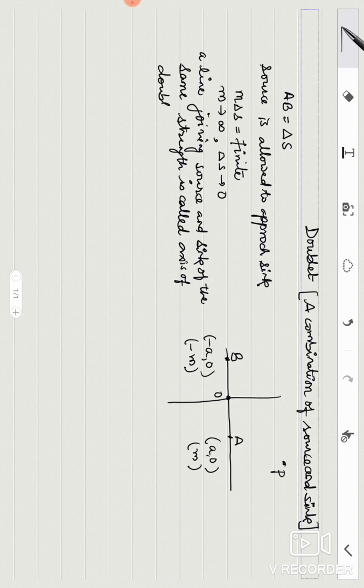Now in order to derive the complex potential for a doublet, I would like to take a generalized position. Here you are seeing that this is the axis of the doublet, and this doublet has its origin in between it. Further, this axis makes no angle with the x-axis; it is just parallel to the x-axis. So now I am considering a general situation to derive the complex potential of a doublet.